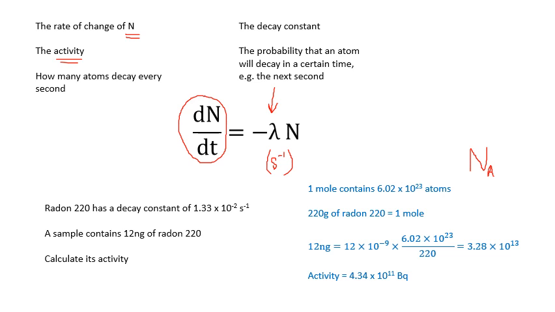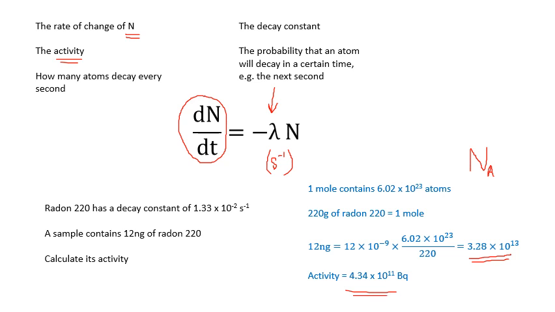Now 220 grams of radon-220 is 1 mole. So 12 nanograms will be 12 times 10 to the minus 9 times Avogadro's over 220, which is that many. So that's n.